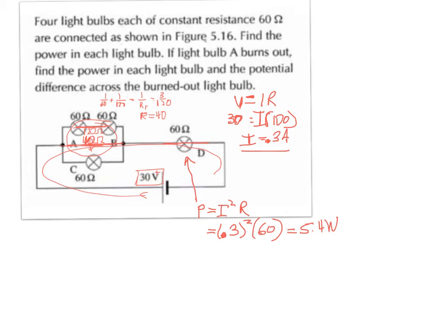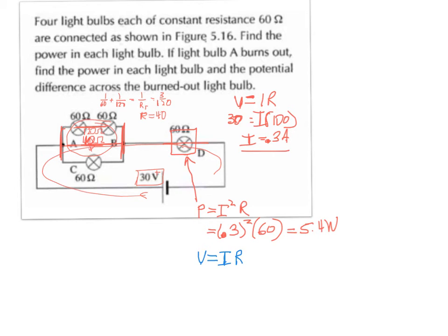Now, it would be helpful if I know the voltage drop here, because then I'll be able to figure out the voltage drop for this other mess of bulbs over here. So we'll go back and say V equals IR.